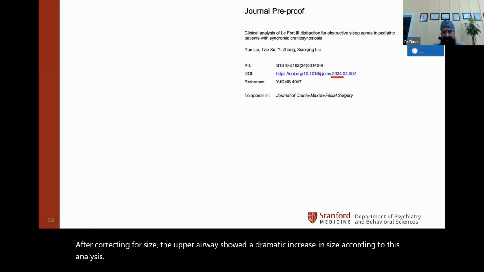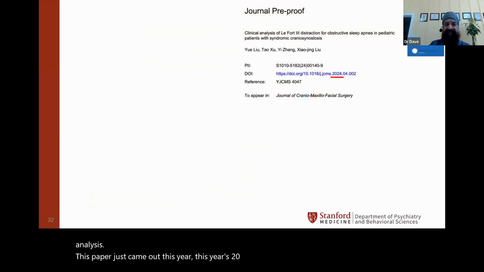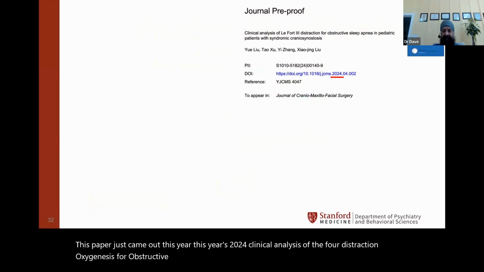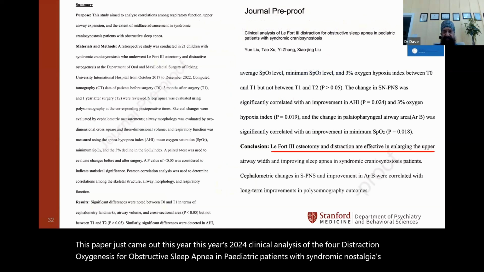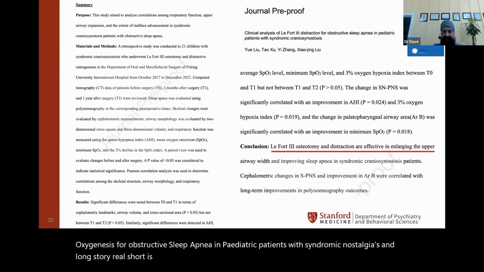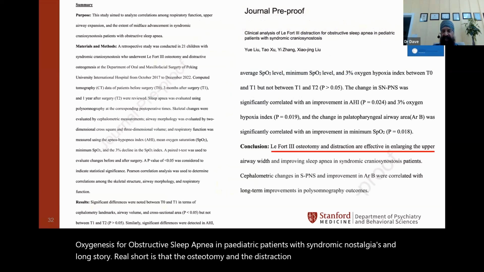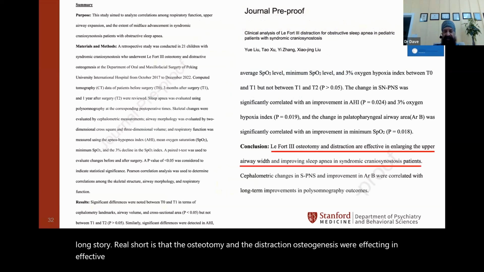This paper just came out this year, 2024: clinical analysis of Le Fort III distraction osteogenesis for obstructive sleep apnea in pediatric patients with syndromic craniosynostosis. The long story short is that the osteotomy and the distraction osteogenesis were effective in enlarging the upper airway width and improving sleep apnea in these types of children.